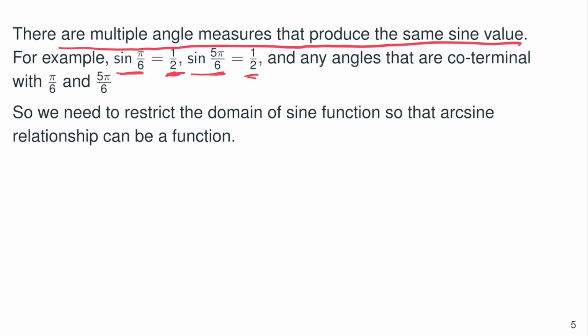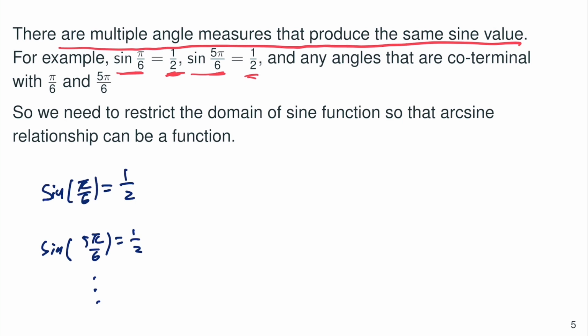For the sine function, it's okay that two different inputs give us the same value. In fact, an infinite number of them will give us a half as the sine value.